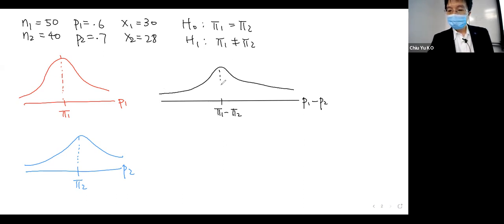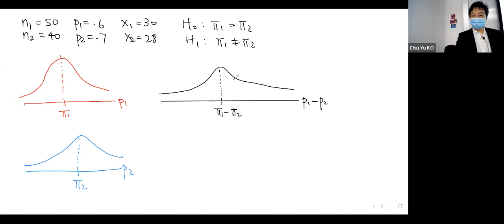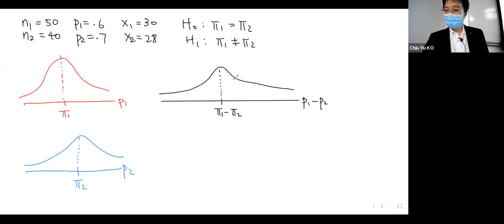And remember the variance will just add up.